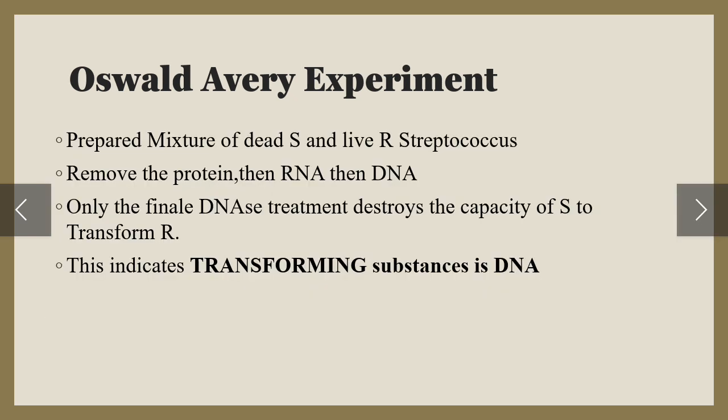In his experiment, he prepared a mixture of dead S and live R streptococcus. Remove the protein, then RNA, then DNA. Only the final DNA treatment destroys the capacity of S to transform R. This indicates the transforming substance is DNA.